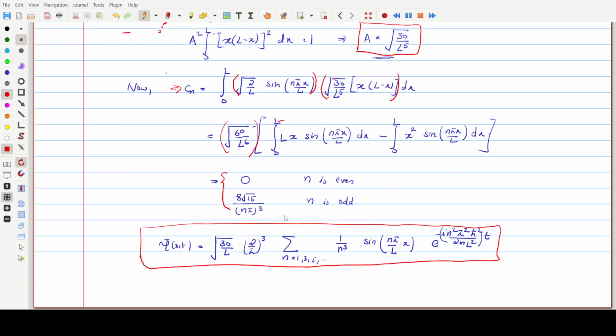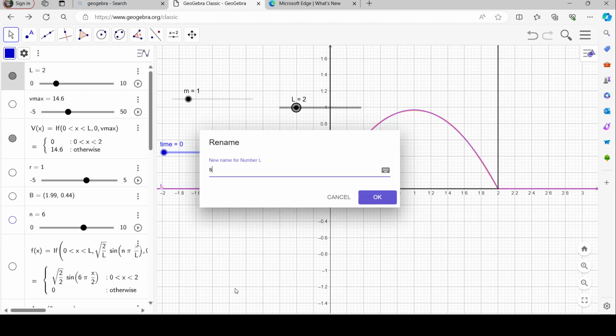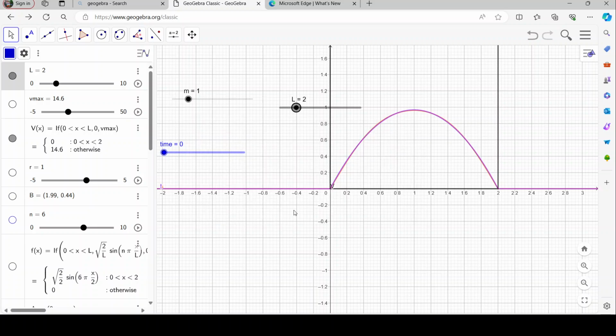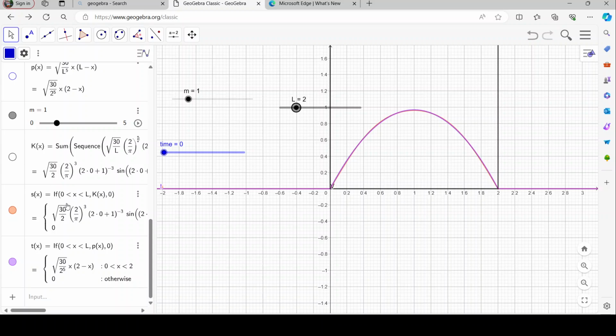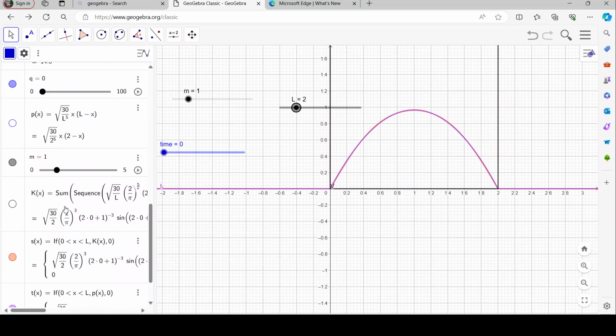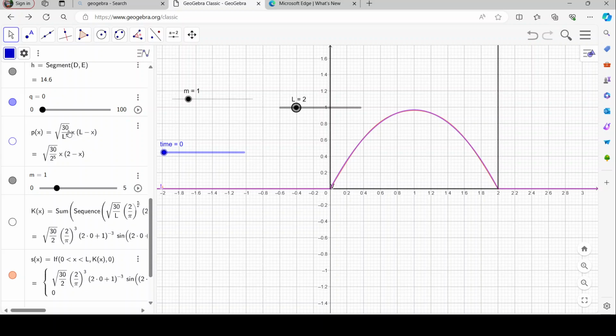Now I just want to show this illustration in GeoGebra, how the wave function changes with respect to time for this particular case. So this is a wave function which is already given to us: root 30 by L raised to 5, x into L minus x.